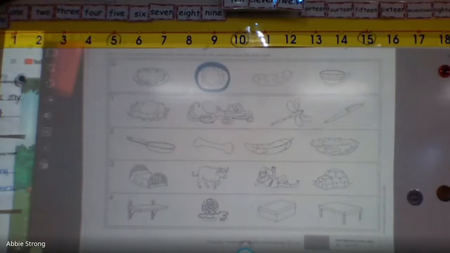All right. I'm looking for just a couple. Good. And I see one more. All right. Let's look at the second line. Ready? Or the third, the second line. Okay.